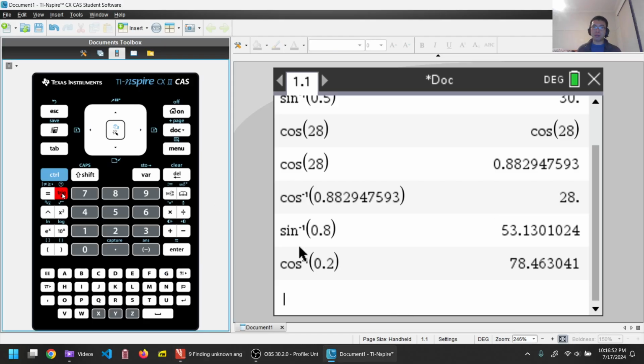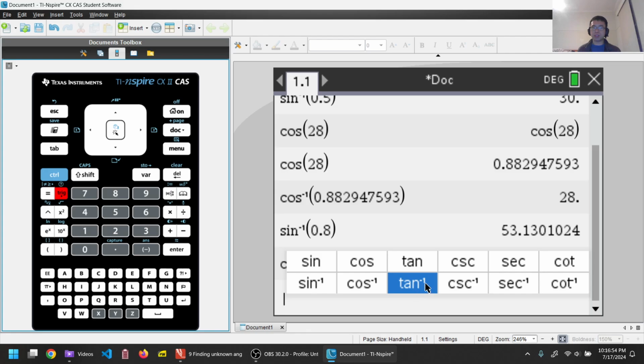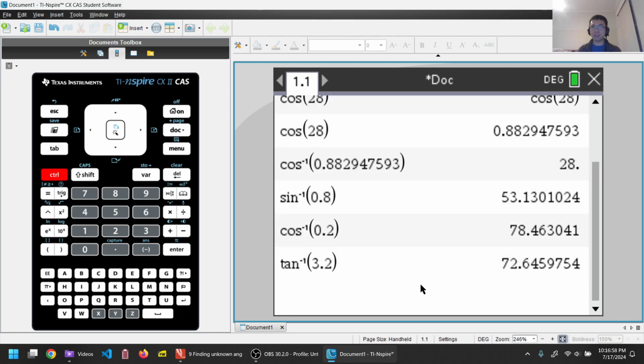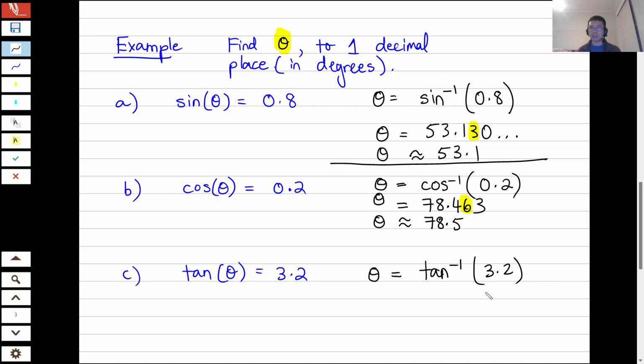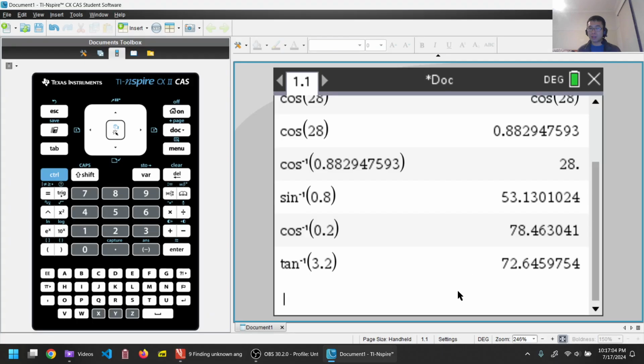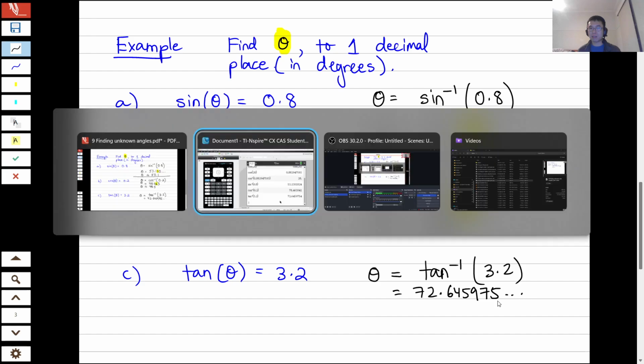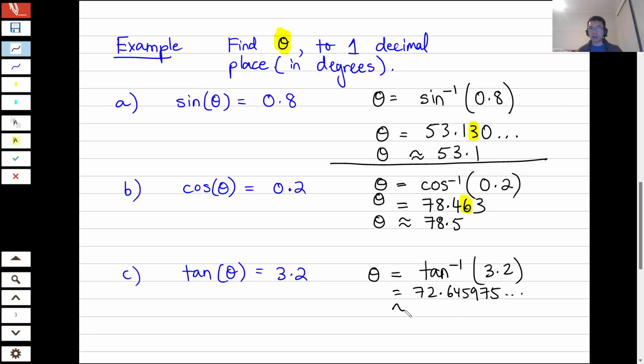So if I go back to my trig function, which is an inverse tan minus 1, 3.2, I get 72.645975. And if I round this to 1 decimal place, I get 72.6, because the next digit is less than 5.